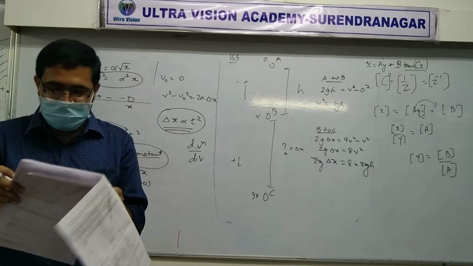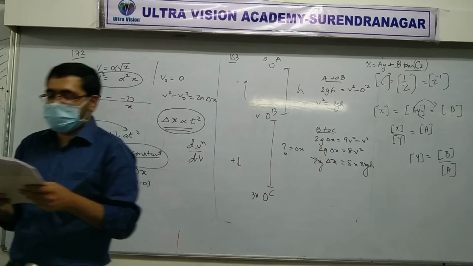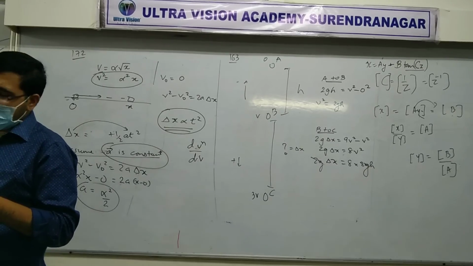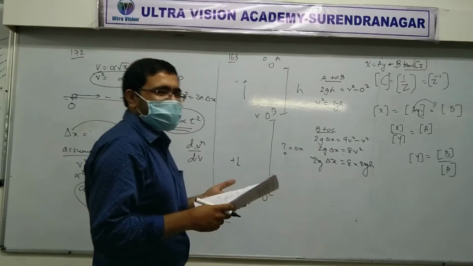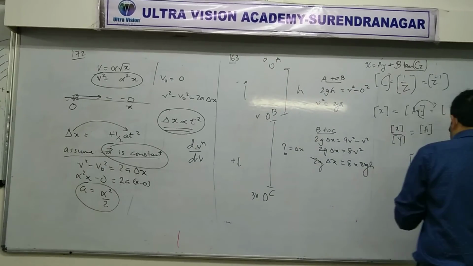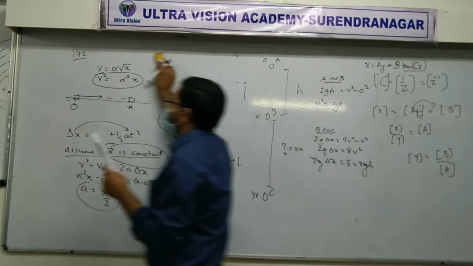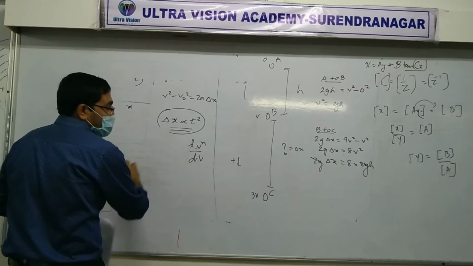175. Stone thrown upward with a speed u from the top of tower, reaching the ground with velocity 3u. Height of tower is. Third equation. Right?